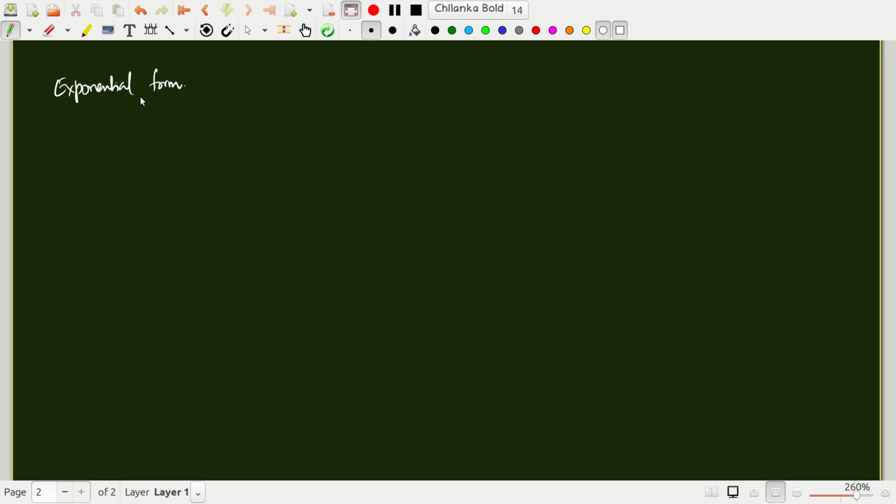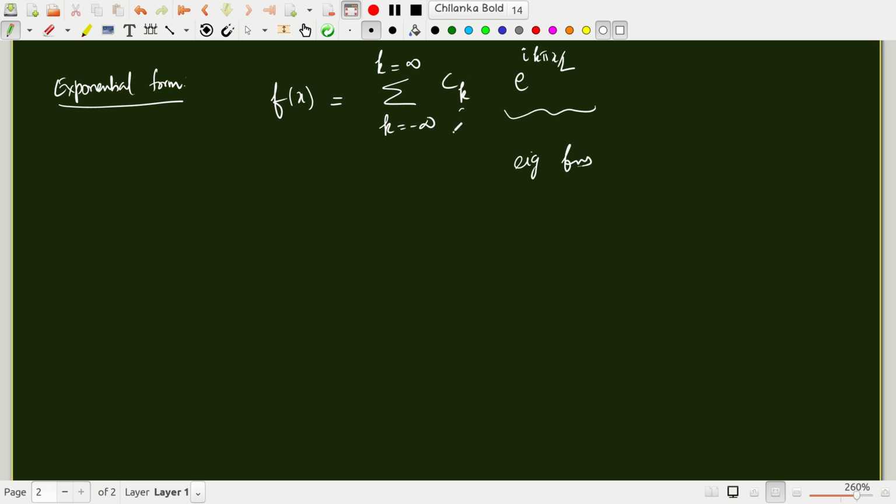The exponential form is identical. You can either express it in terms of sines and cosines, or using Euler's formula you can write it in terms of exponentials: k equal to minus infinity to infinity, ck e to the i k pi x by L. These are the eigenfunctions, and these are the coefficients of expansion.